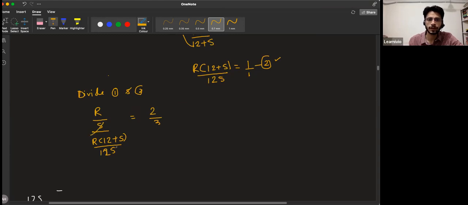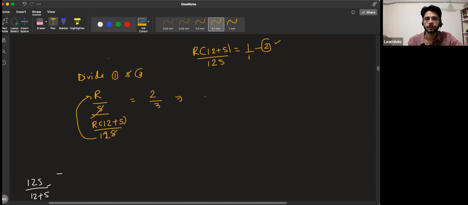See, this S will cancel this S. This 12 will go to numerator and you will get 12R divided by R into 12 plus S is equal to 2 by 3. This R will cancel this R. 12 by 12 plus S is 2 by 3.